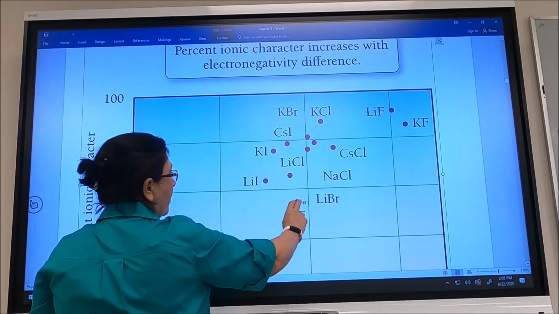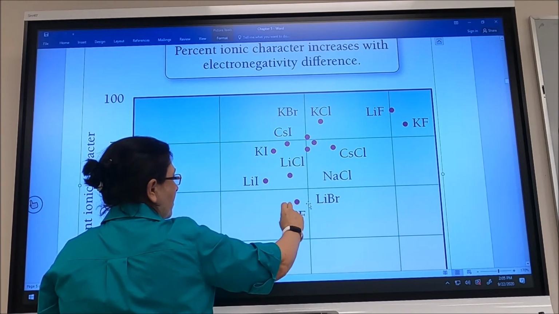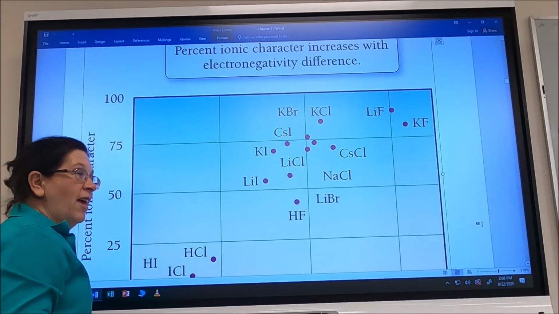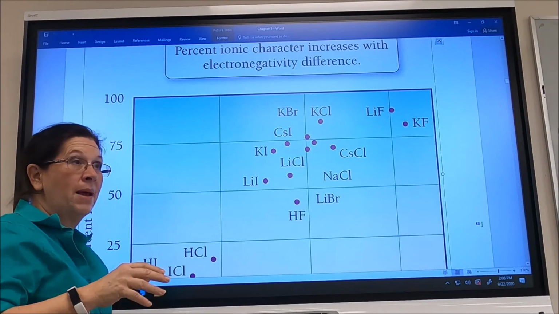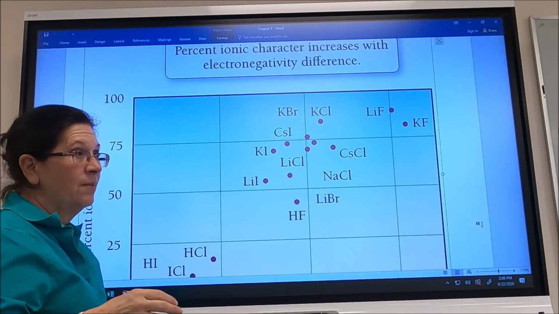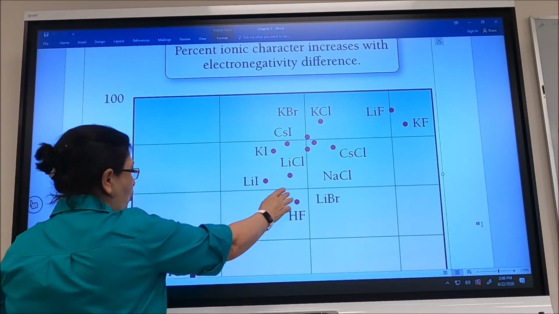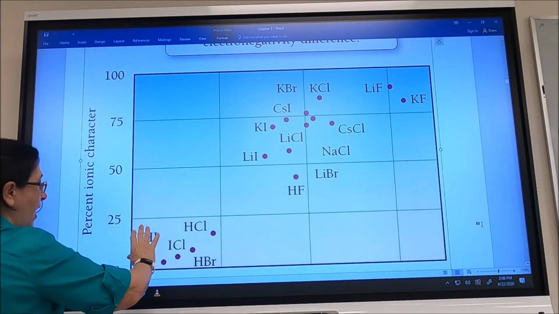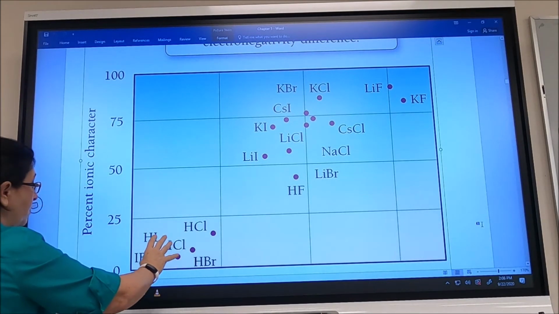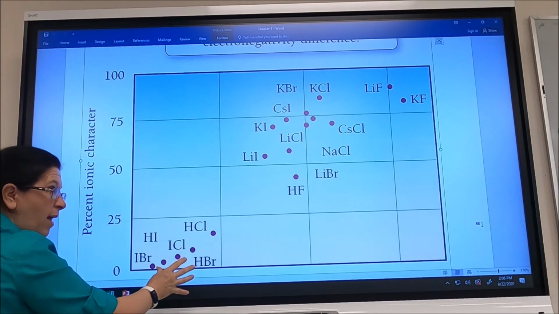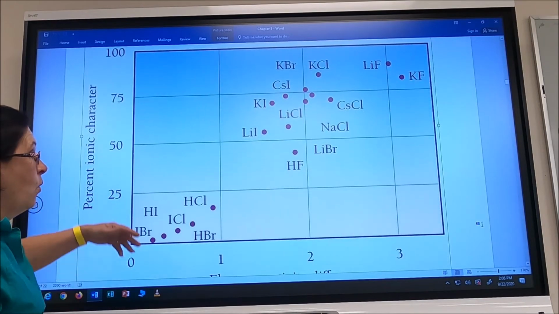But notice that lithium bromide, okay, is down below the 50%, which tells us that even though it's a metal and a nonmetal, there may be some polar covalent characteristics to that bonding. HF is below. HCl, ICl, all of these guys, low percentages ionic character, so these guys are polar covalent. Okay, so it's another way to look at it.